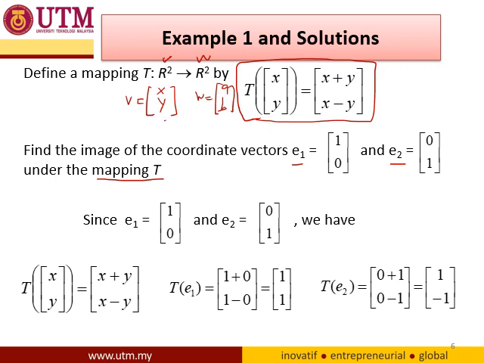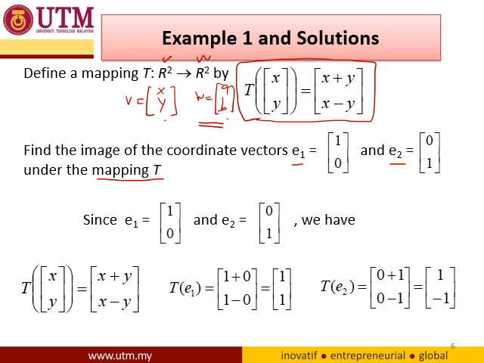This is the transformation that they give to us: T(x, y) equals (x plus y, x minus y). Now find the image. Finding the image means finding the result after the transformation.